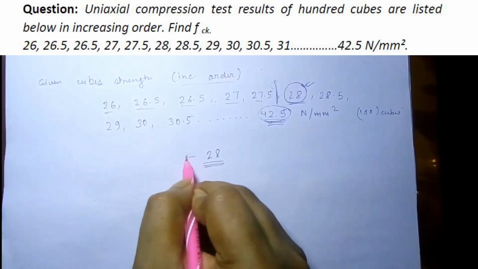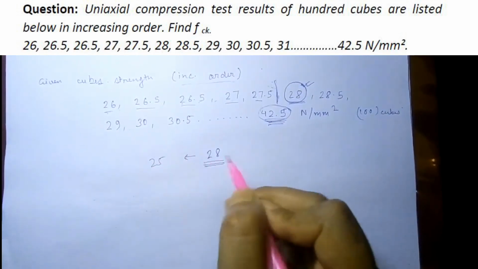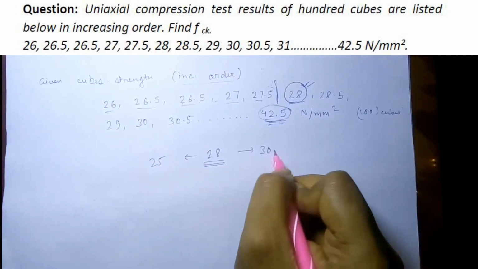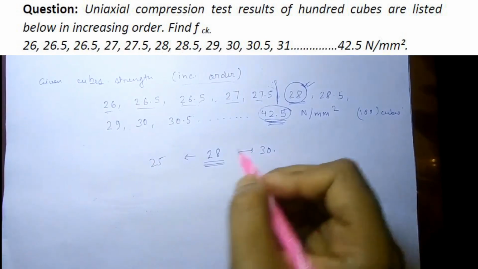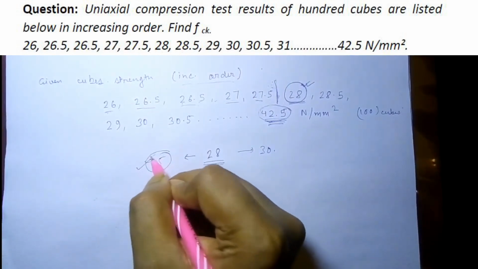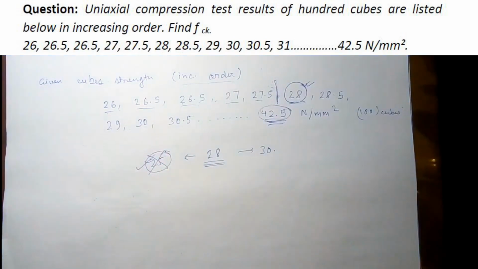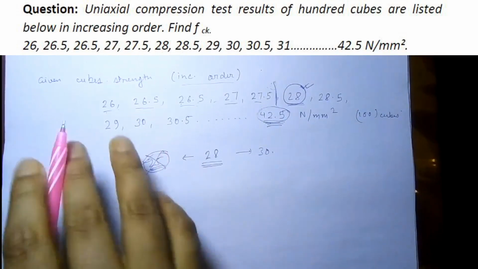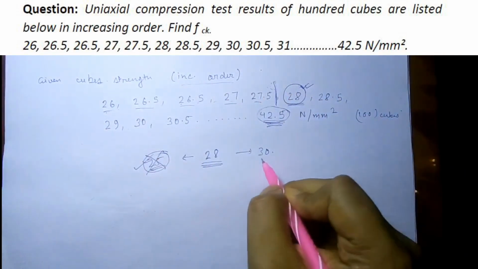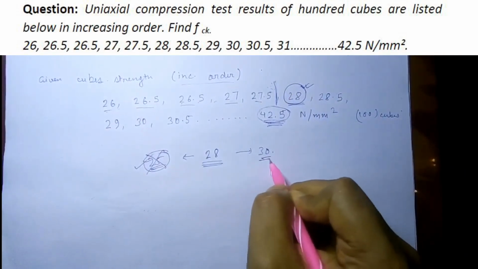So it will be either 25 or 30. If I go to 25, that won't be possible because I don't have a cube with strength 25 in my list, but I have 30 in my list.